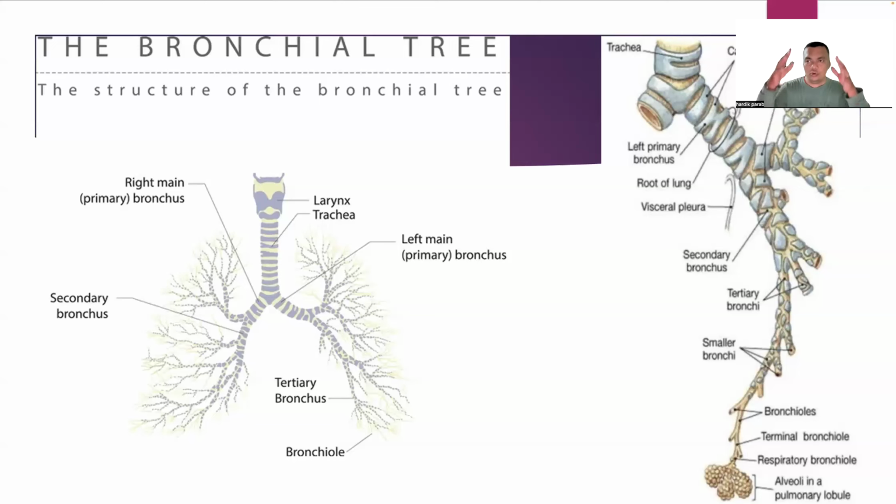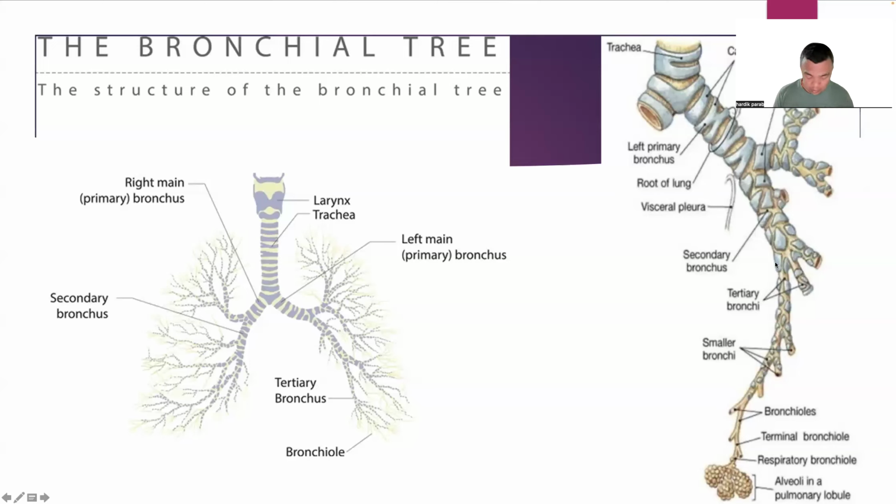So in that way, the whole generation of the respiratory system is happening. It starts from the trachea, the first generation, up to the alveoli, which is the 23rd generation. So you have a total of 23 generations. If you see, you have the trachea, then primary bronchi, secondary bronchi, tertiary bronchi.